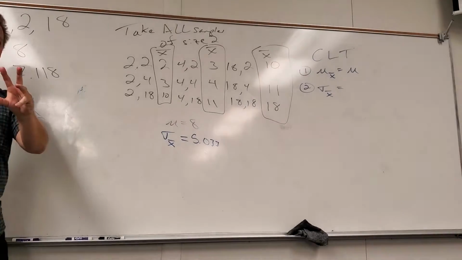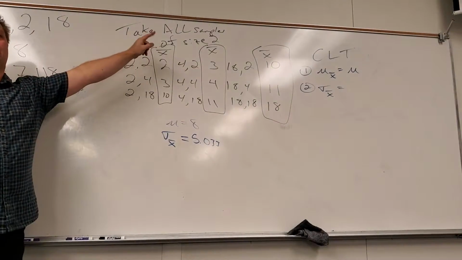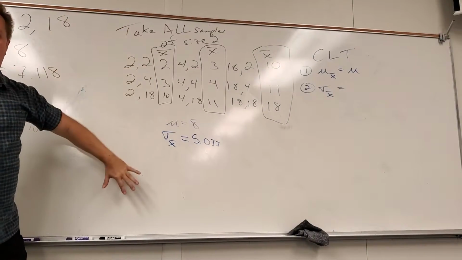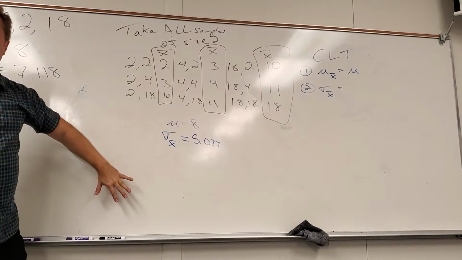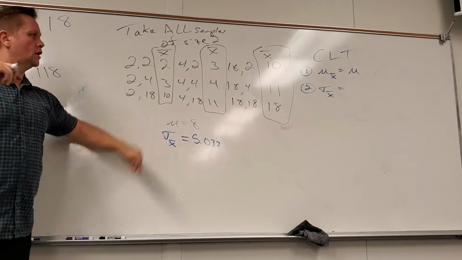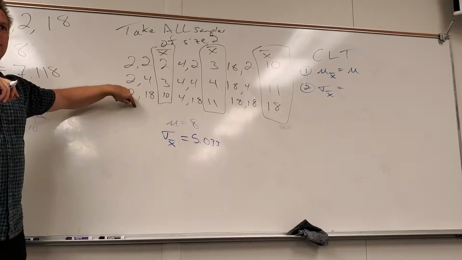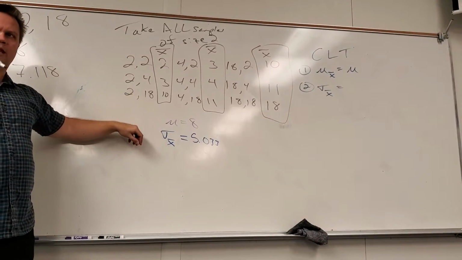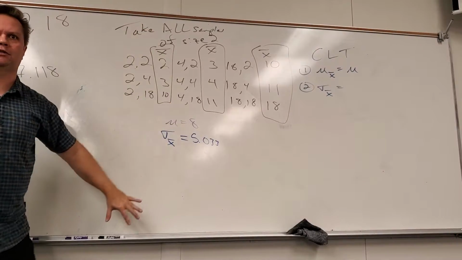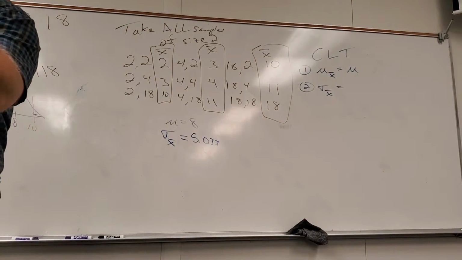So, if I would have taken samples of size 3, first off, there would have been a lot more of these, right? You guys see what I'm saying? So thank God we're developing a way to do this so I don't have to list all of these. I want a formula that would tell me what the standard deviation would be without actually having to write it all down. Sort of like the choose thing.